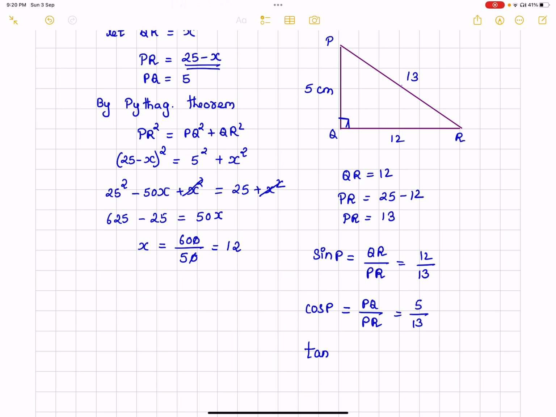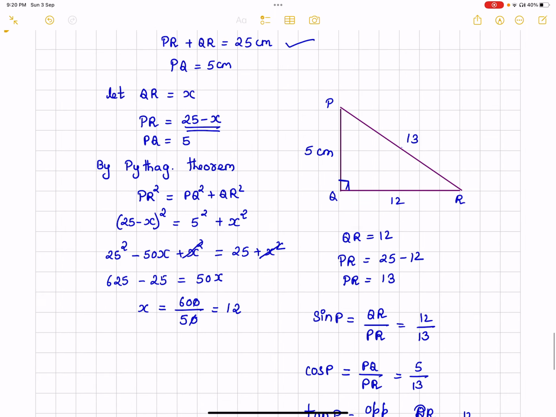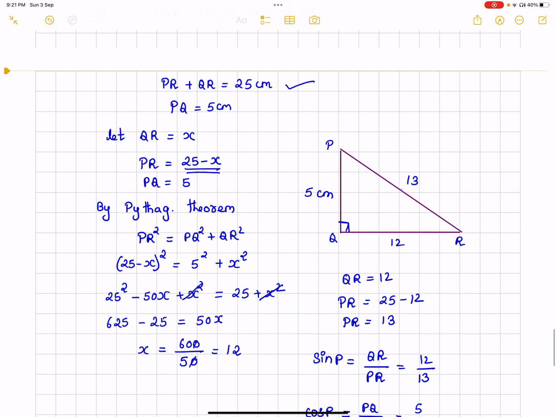Now tan P is opposite divided by adjacent, that is QR divided by PQ, which is 12 by 5. So we found all three trigonometric ratios which they were asking for.